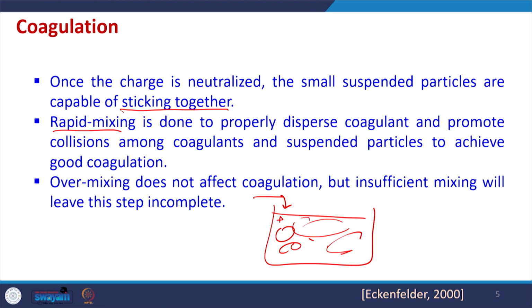This rapid mixing is done to properly disperse coagulants and promote collisions among the coagulants and suspended particles to achieve good coagulation. Over mixing does not affect coagulation, but insufficient mixing will leave this step incomplete.